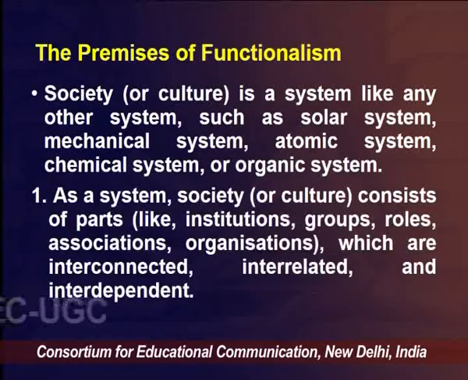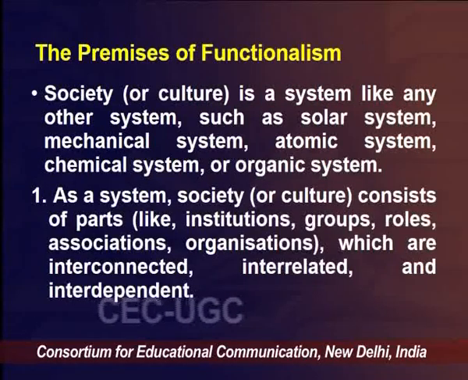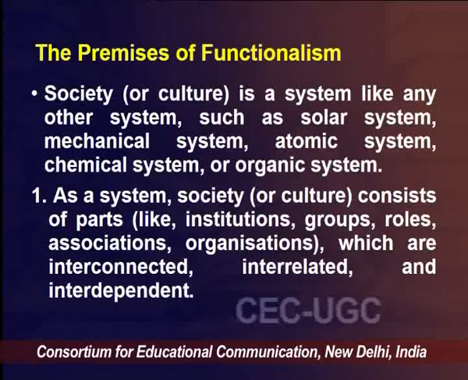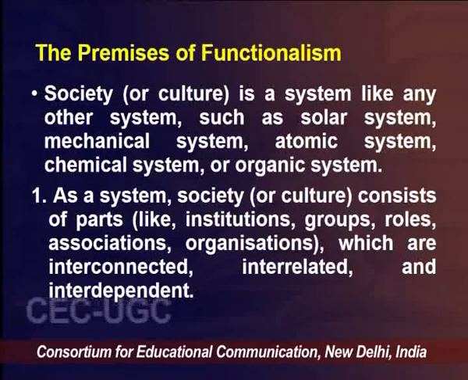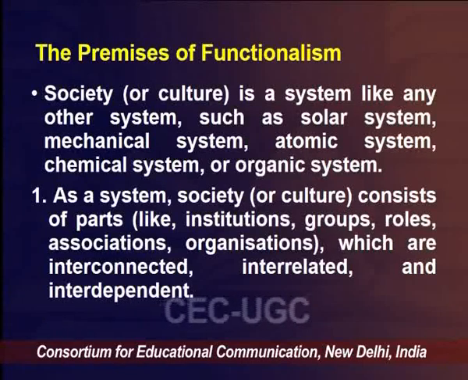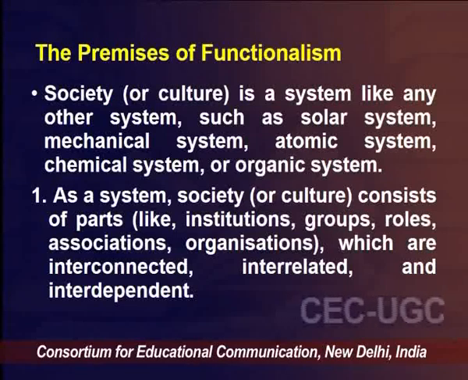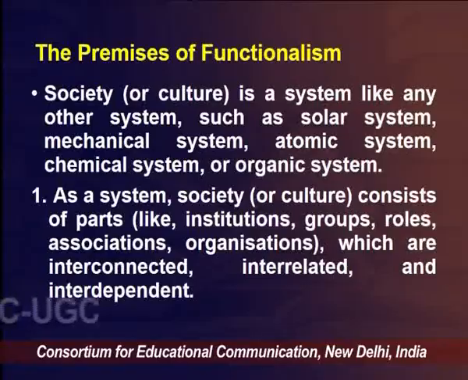So as a system, society consisted of parts. Just as an organism, or any atomic or mechanical system, consists of several parts, there is a specific role assigned to each part. The system will work only when each of these parts contributes in a healthy manner, and they are all connected to each other. There is interconnection, interrelation and interdependence between different parts of an organism.